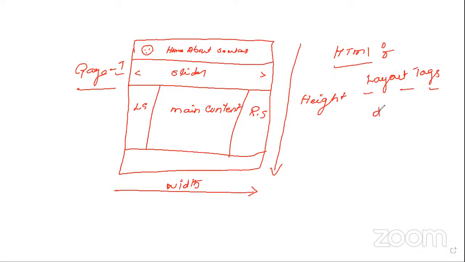So either you can use the division tag, or we can also use HTML5 semantic tags. That is where the real-time experience comes into your picture. In the place of division, you can also use the section tag.